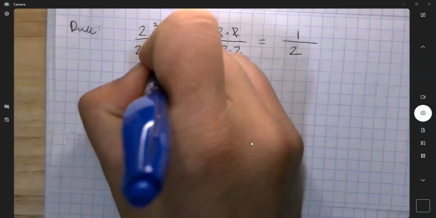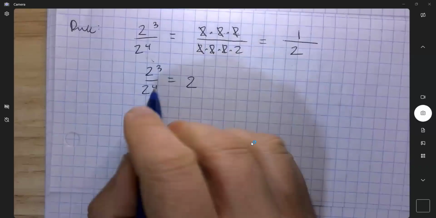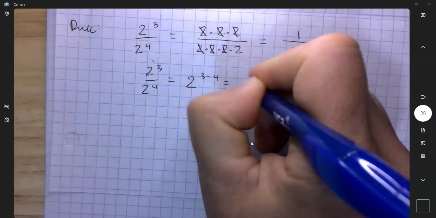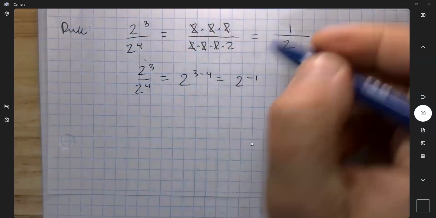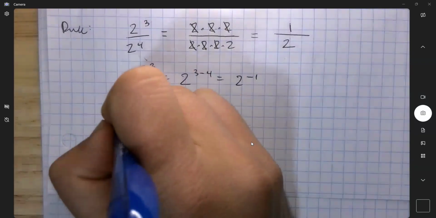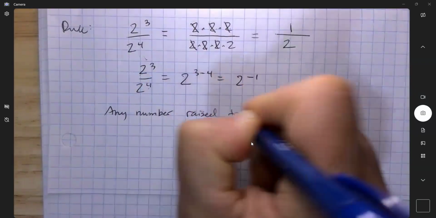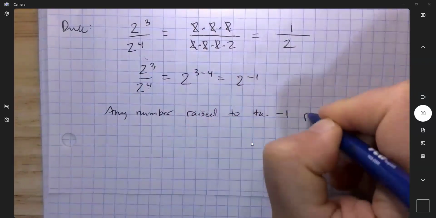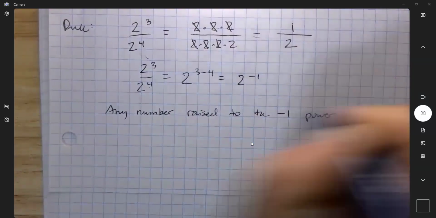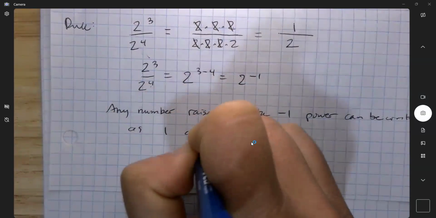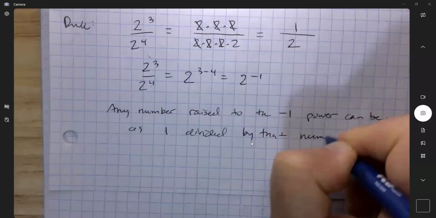But I could also use that other rule I just developed, which says, aha, that should be 2 to the 3 minus 4, which is 2 to the minus 1. And this is our rule. Any number raised to the -1 power can be written as 1 divided by that number.